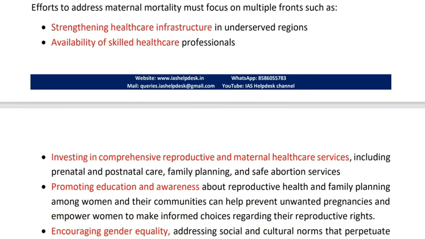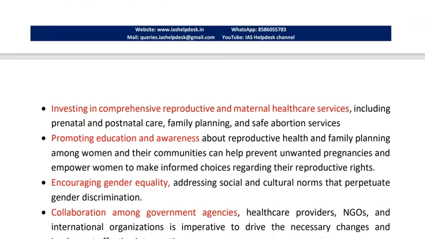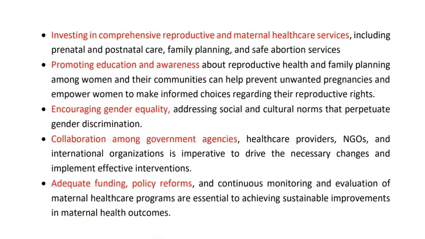Then there should be availability of skilled healthcare professionals, and after that a channelized investment is required in comprehensive reproductive and maternal healthcare. And a very important one is promoting education and awareness, not only in reproductive health but also for family planning. And then collaborations among government agencies and healthcare providers, like the various NGOs along with international agencies, can uplift the overall initiatives to a different level.